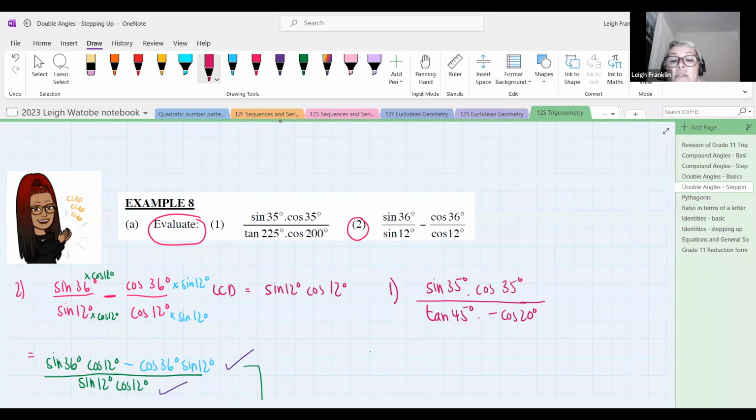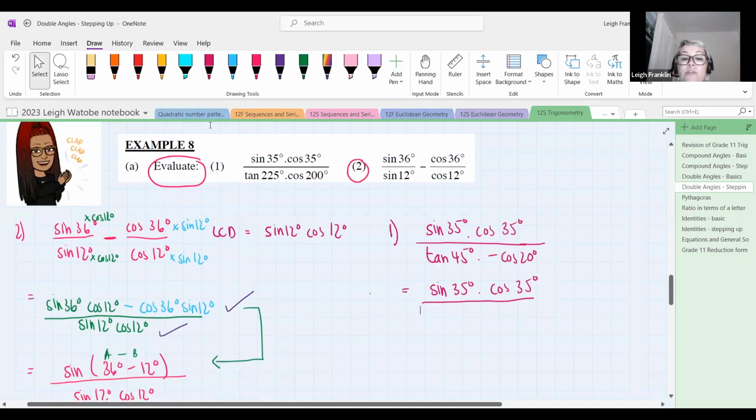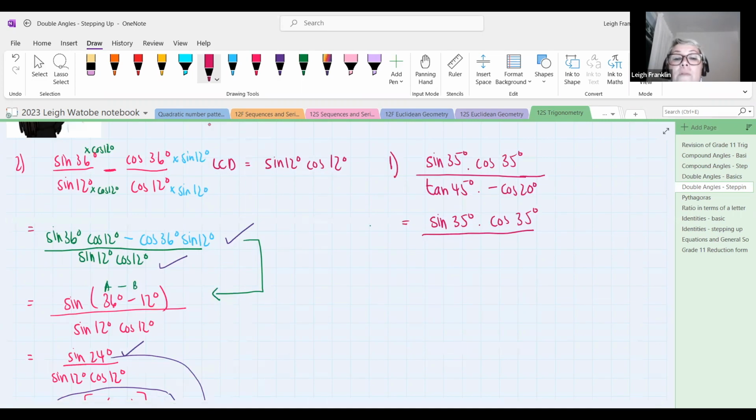Okay, that's the easy bit, right? We have a special angle involved here. We've got tan 45, which we know is 1. So we're going to write all of this as sine 35, cos 35. And if we multiply something by 1, it doesn't change, but I'm just going to put the 1 there anyway.